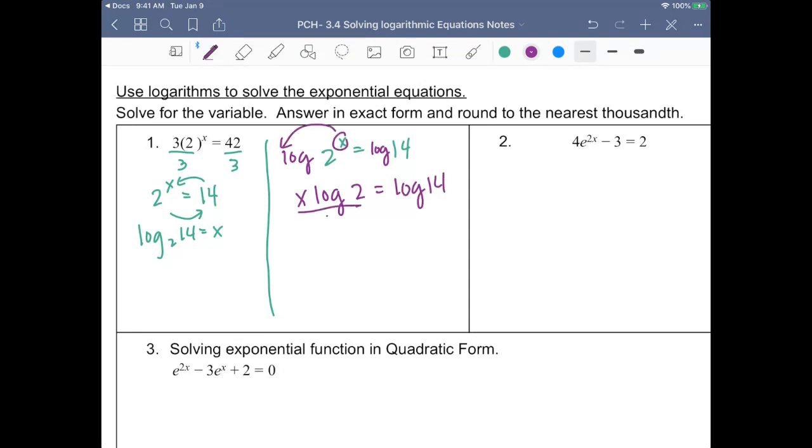Okay, divide by log 2, just like we did in change of base. So x is equal to log 14 over log 2. And we go ahead and divide that, and that is about equal to 3.81. This is my rounded answer.